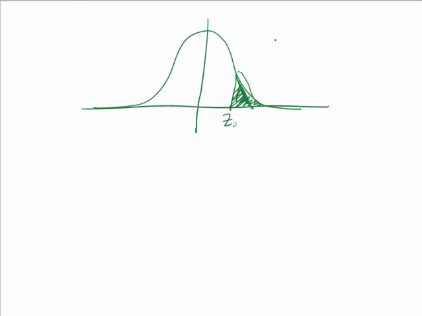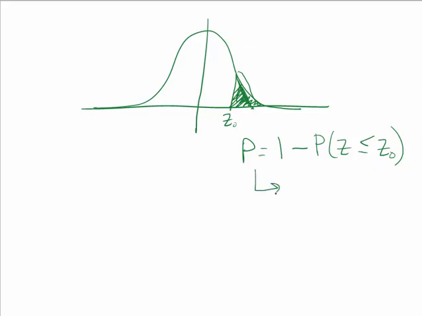Essentially it's the probability where z is at least as extreme as z naught. So we need to think about probability slightly differently, in that we want to find the probability such that it's 1 minus the probability that z is less than or equal to z naught.